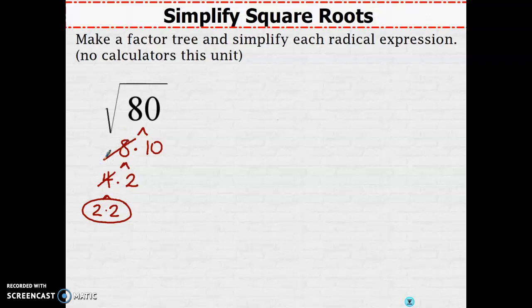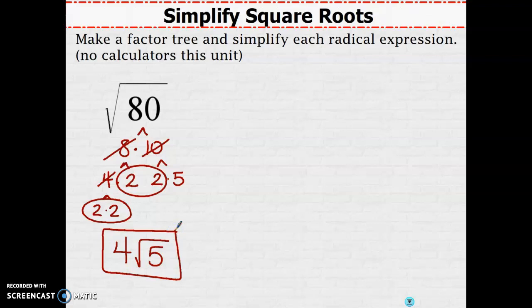Let me cross out what I have broken down so I don't get confused in all my work that I'm showing. The 10 also would break down to 2 times 5, so in this case there's 2 pairs of 2's. So 2 times 2, or 4, would go out of the radical, and 5 would stay in.